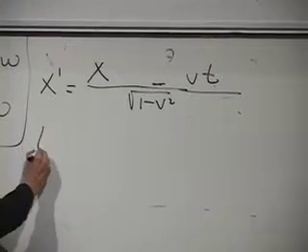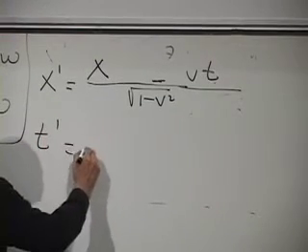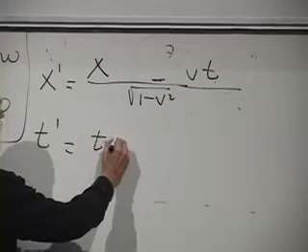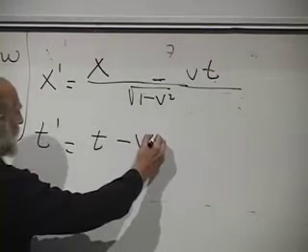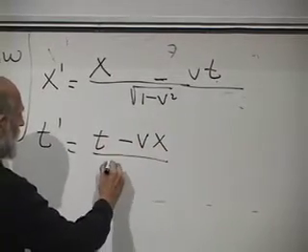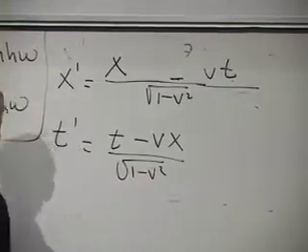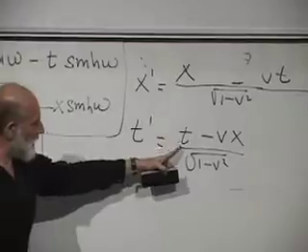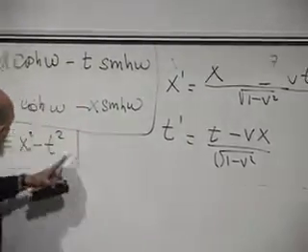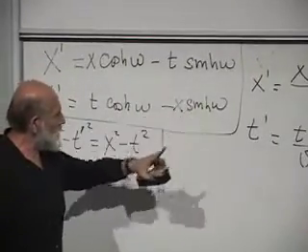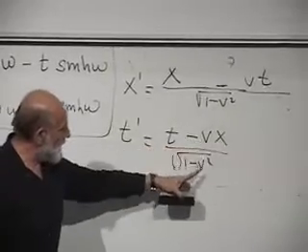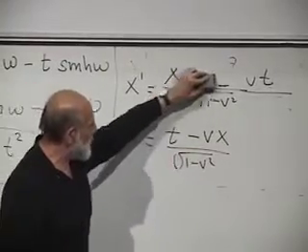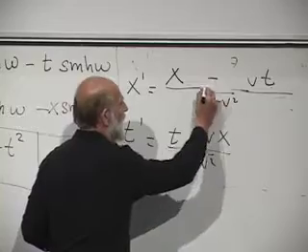T prime is equal to t minus vx over square root of 1 minus v squared. T prime is equal to t times cosh. Cosh is just 1 over square root. And then x times sinh, that gives us the extra v. In other words, the formulas are more or less symmetrical.